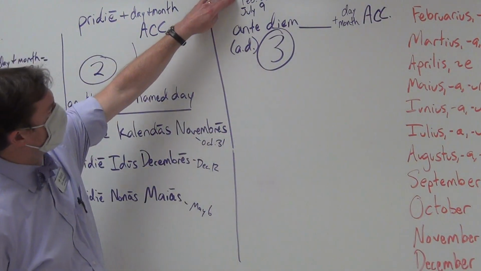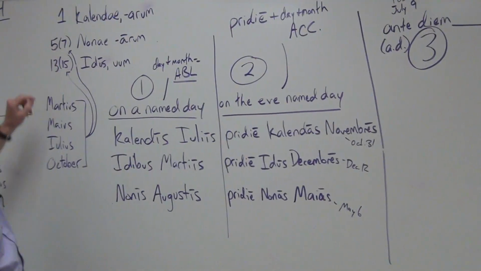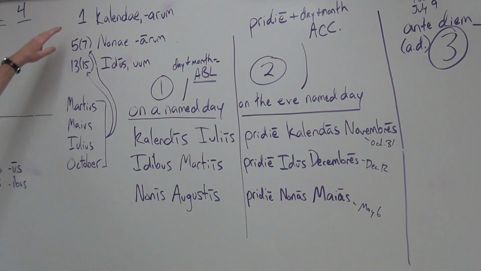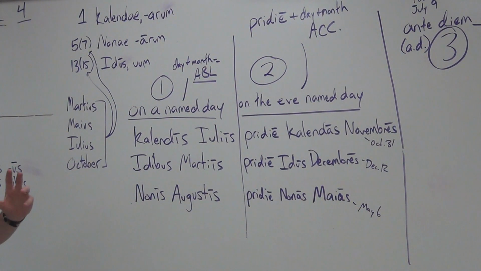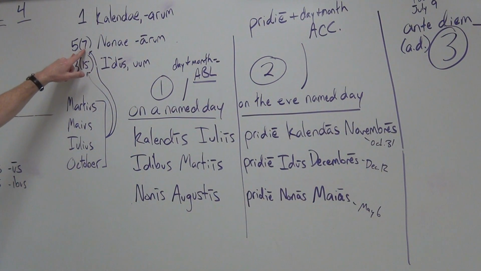So let's start with the middle one, February 2nd. Does February 2nd fall on one of these days? No. Does it fall on a day before one of these days? No. So we're going to count to the next named day. What's the next day that's going to arrive after February 2nd that actually has a name? The nones, February 5th, remember?